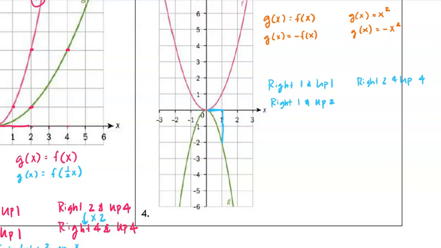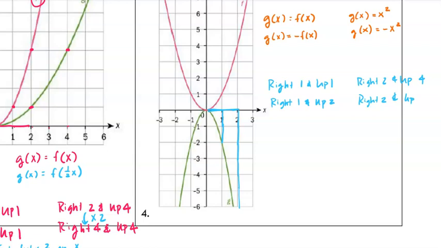Or we can go right 2 and 1, 2, 3. It doesn't even show. You can't even see it. 3, 4, 5. It's off. We don't even know how far up.